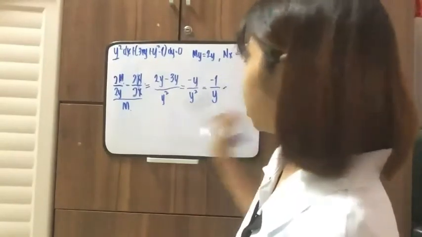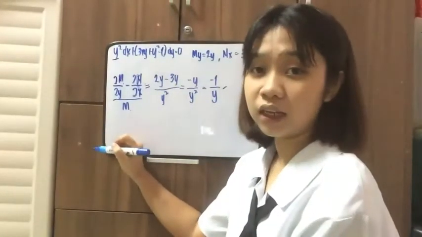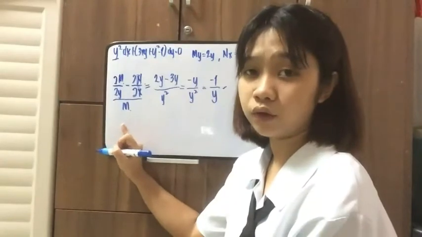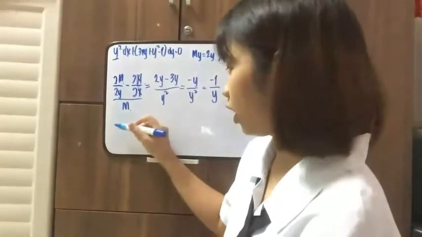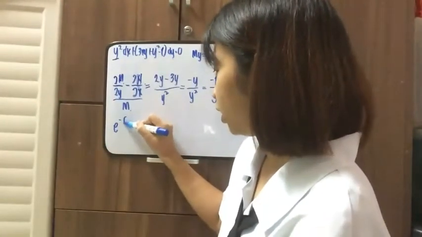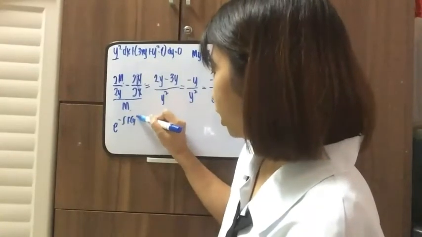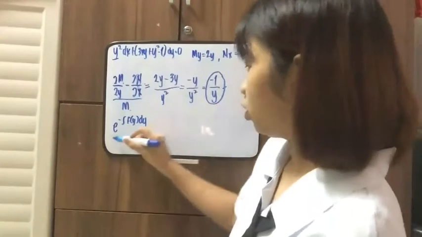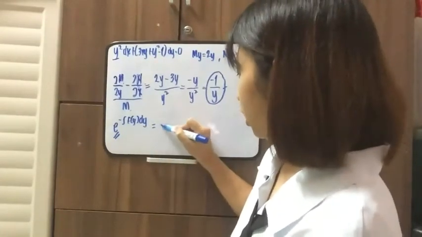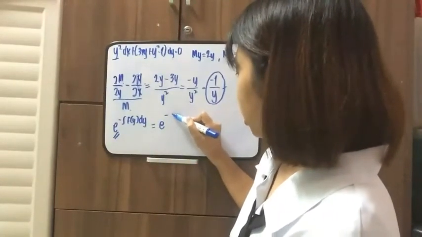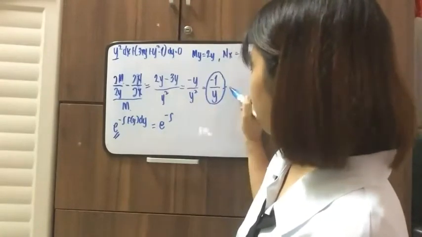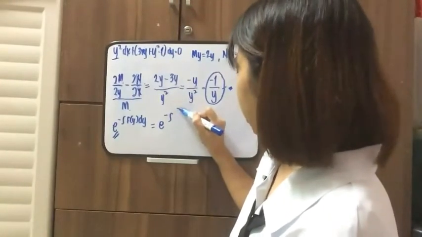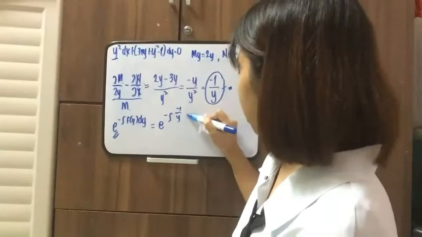So, to get the integrating factor, the formula for function of y is e raised to the negative integral of f(y) dy. We are just going to substitute: e raised to the integral of negative 1 over y dy.